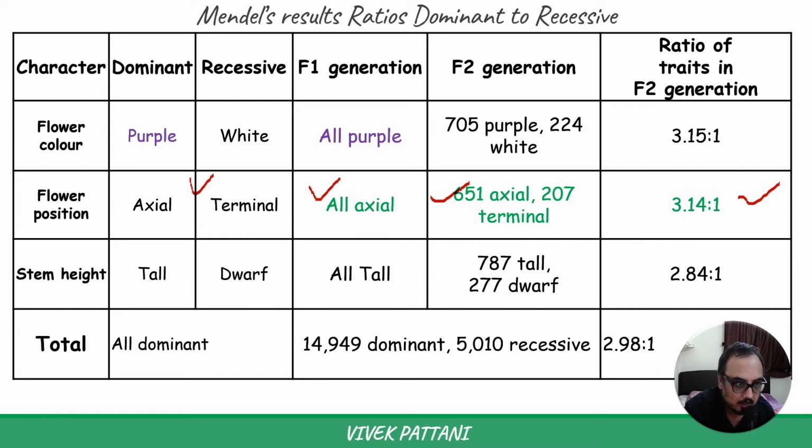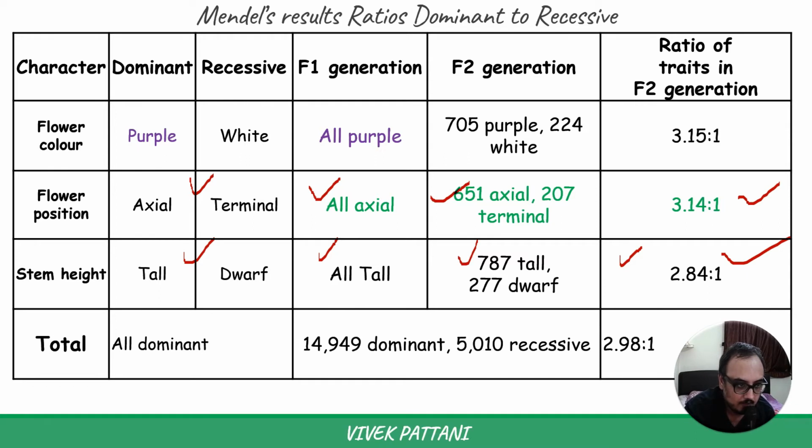3.15:1. And for flower position, axial is the dominant one and terminal is the recessive one. In the F1 generation all are axial, and in the F2 generation, 651 were axial and 207 were terminal, giving a ratio of 3.14:1.